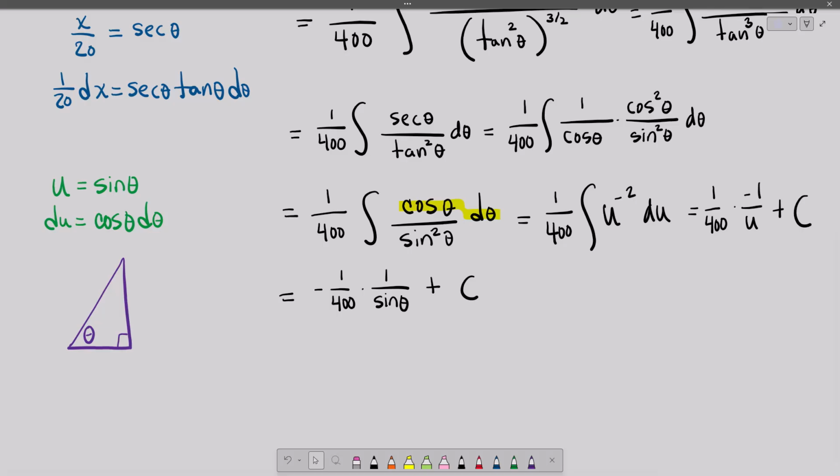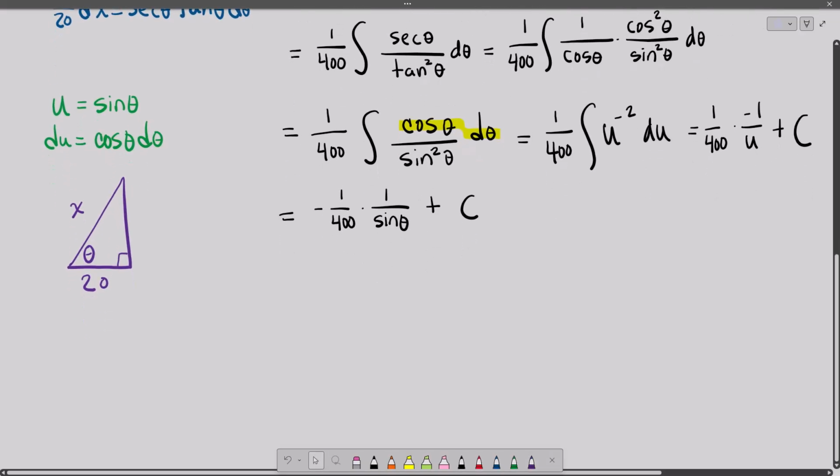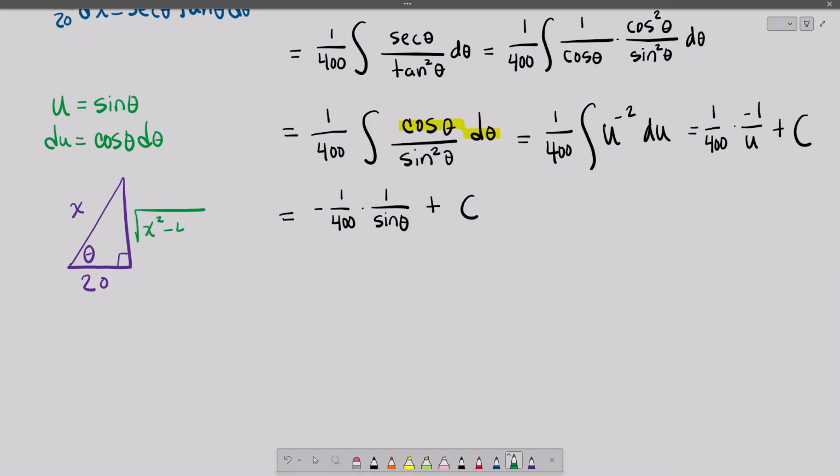Secant is hypotenuse over adjacent. It's the reciprocal of cosine. Cosine is adjacent over hypotenuse. Secant is hypotenuse over adjacent. So secant of theta is x over 20. And then we have to get our missing side: square root of hypotenuse squared minus other side squared.